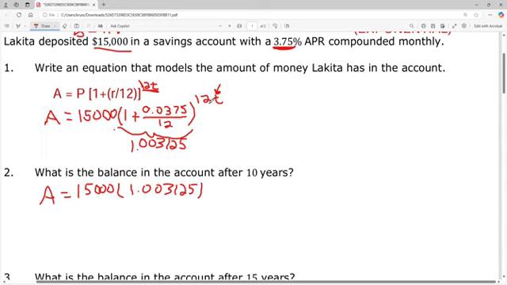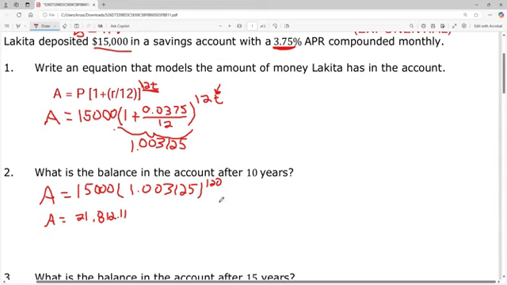Then how many months is 10 years? Well, 10 times 12 is 120. So we're going to multiply this number by itself 120 times. So when we do that, put it into the calculator and multiply it by 15,000, we get the value of $21,812.11.